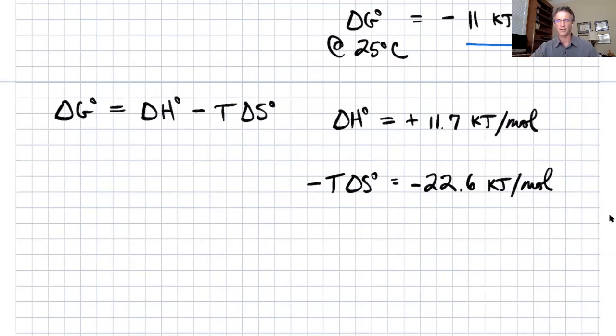Now the next question is, where does that big entropy change come from? Why is this such an entropy-dominated process, this transfer of a water-disliking substance, which of course we would call hydrophobic, out of water and into a solvent? Well, one of the things that you may remember is that water is really unusual.